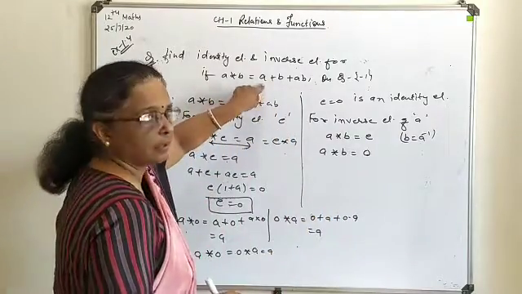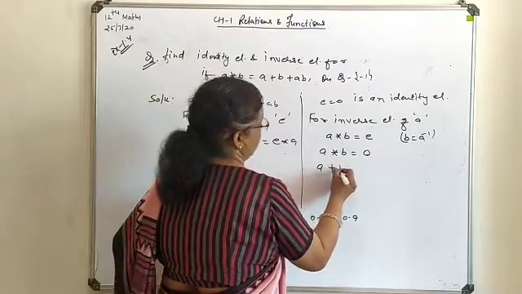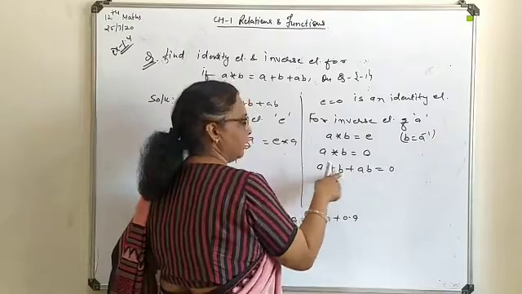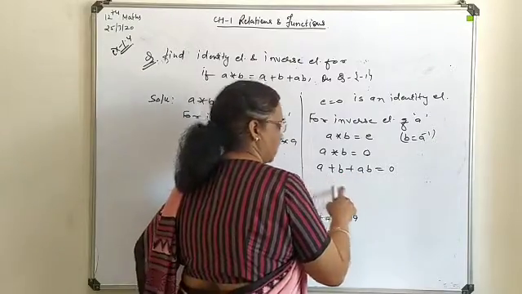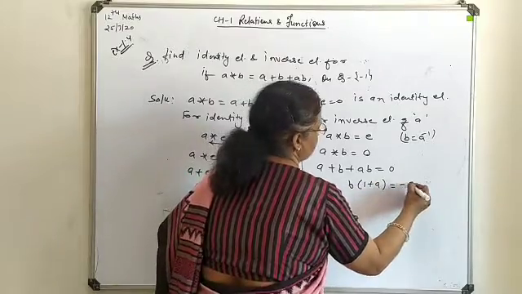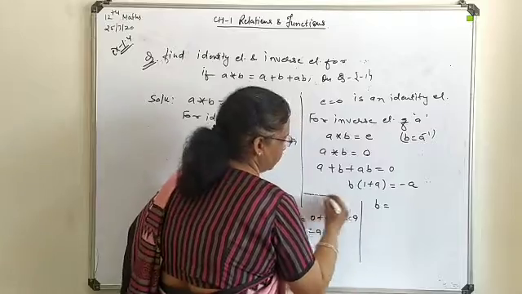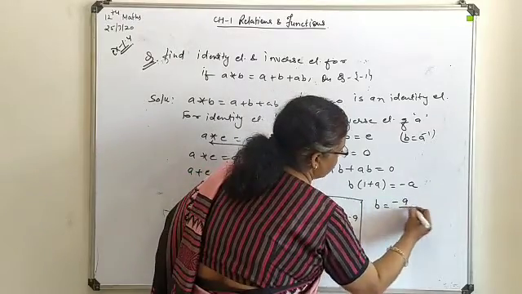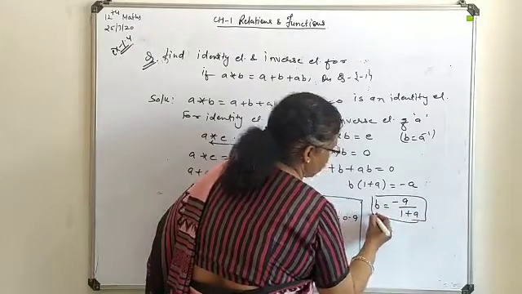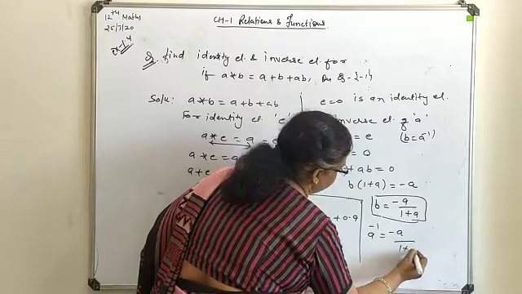Now come to this defined form, that is A plus B plus AB is equal to 0. Now from here B is to be separated out. So this A you shift over there, B you can take common. This is your minus A. Now from here B is to be separated out: minus A upon 1 plus A. So this will be your inverse of A, meaning A inverse is minus A upon 1 plus A.